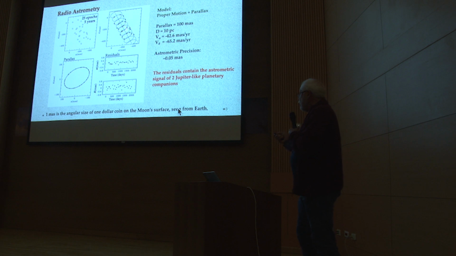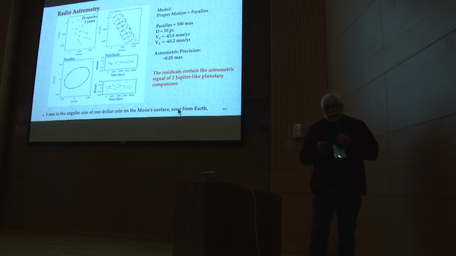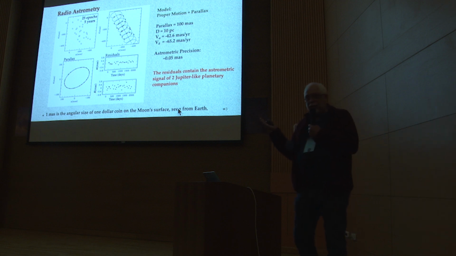So we can remove the proper motions, and we get the parallax. We can remove the parallax, and we get the residuals. These are the residuals. So the question is, do we have a planet here or not? Actually, the residuals, even though they are very small, are big compared to the precision of the observations.